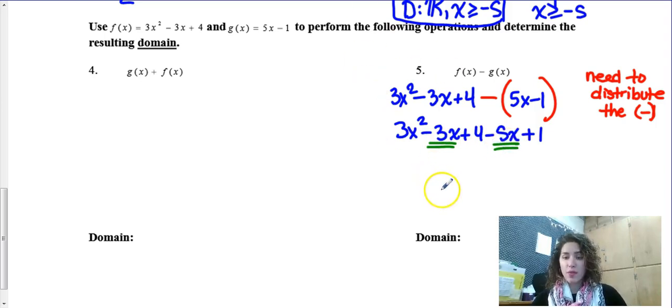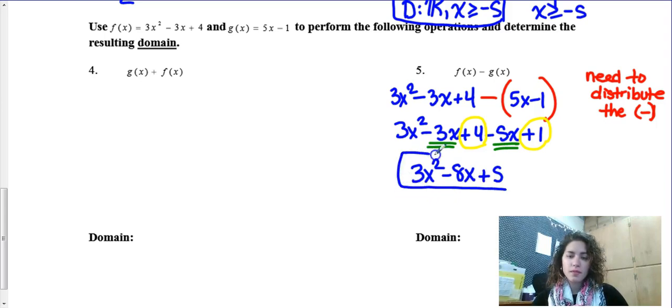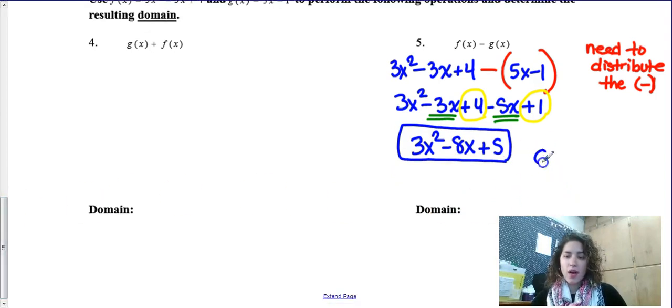That I can do something with. So we have 3x squared minus 8x, and then positive 4 plus 1. I can combine those like terms, and I get plus 5. For the domain, I recognize that this is a quadratic.